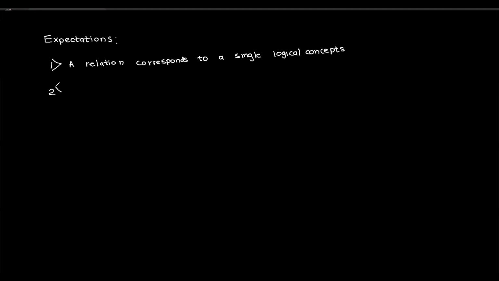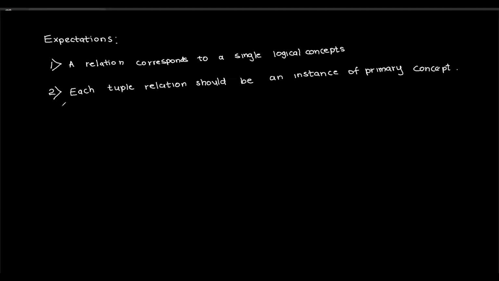The second expectation is each tuple in the relation should be an instance of that logical concept, or we can say instance of primary concept. If you have an employee relation, and you have a tuple about departments, well, that's not good. That's what we are trying to avoid here.